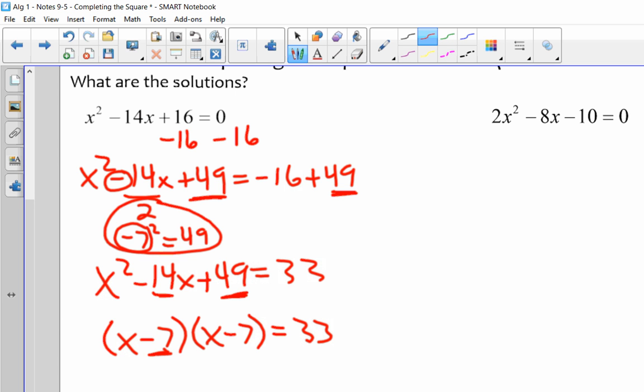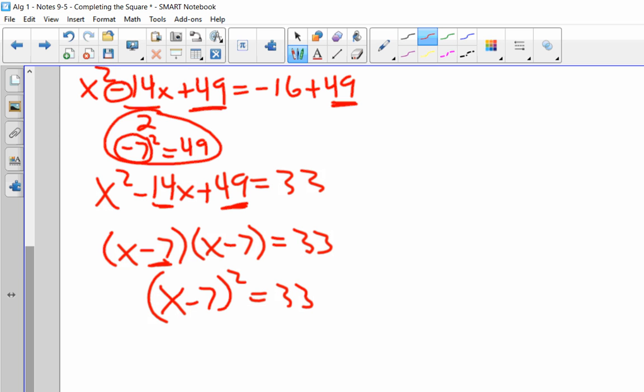I am going to write this, the next step, or part of the third step is to, the fourth step, I'm sorry, is to perfect square it. And I get that. I'm going to be able to now take the square root of both sides. This is step 5. First part of step 5.